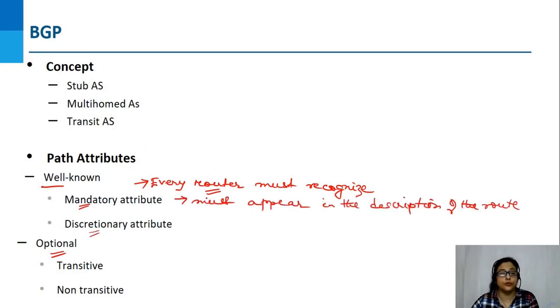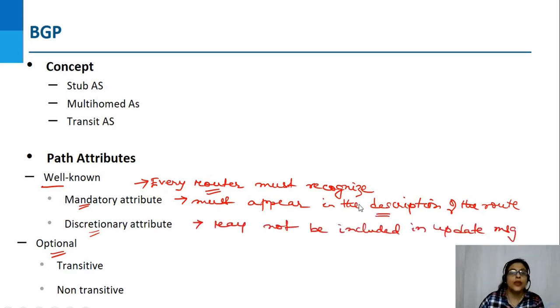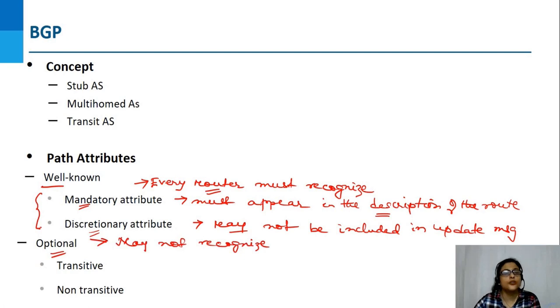The mandatory attribute is one which must appear in the description of the route, whereas discretionary attribute may or may not be included in the update message. And these two form a part of well-known attributes which the router must recognize. The optional path attributes may not be recognizable by the router.